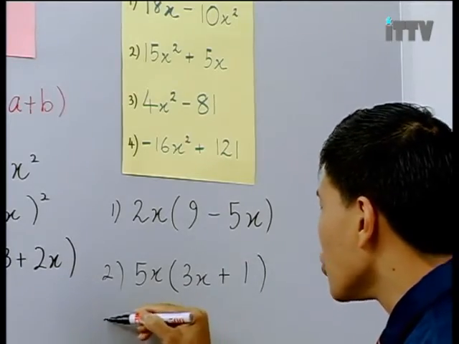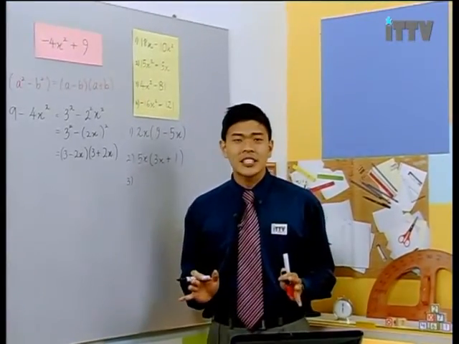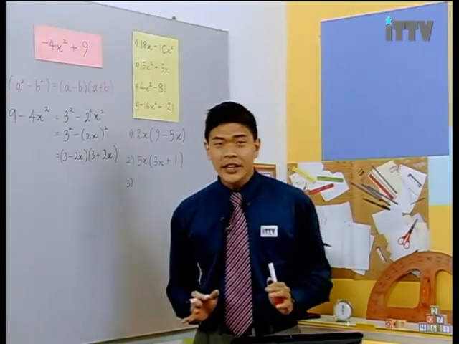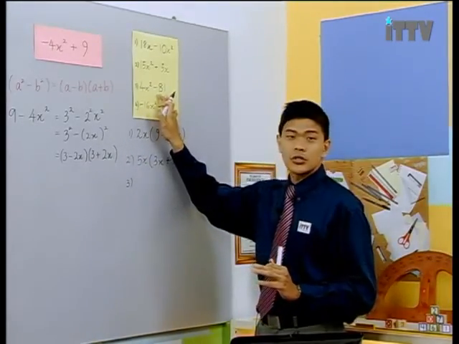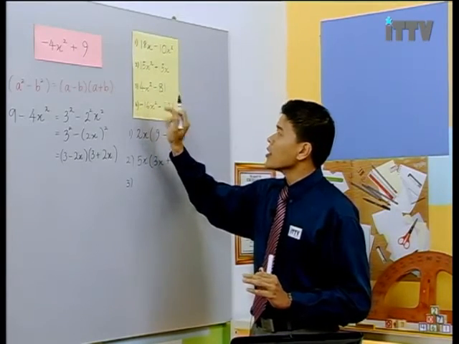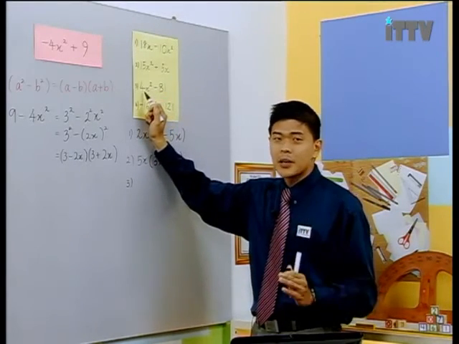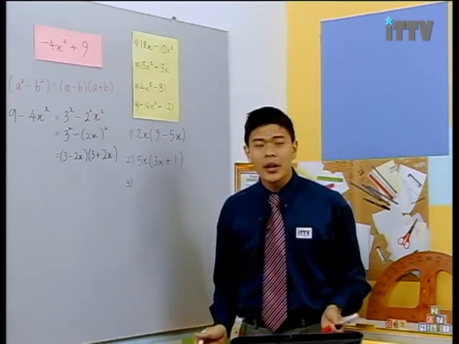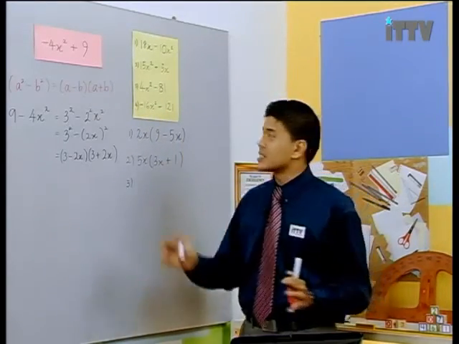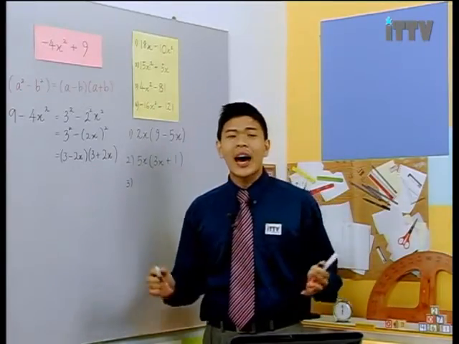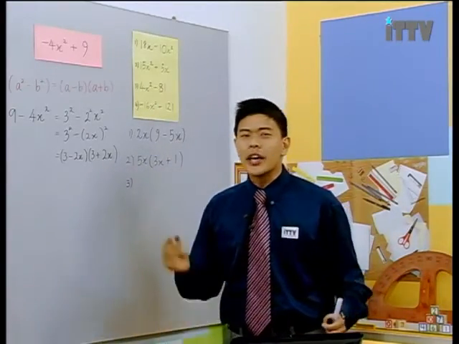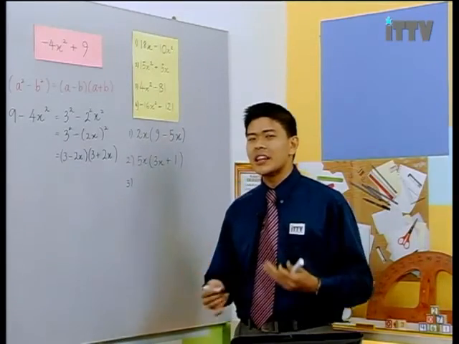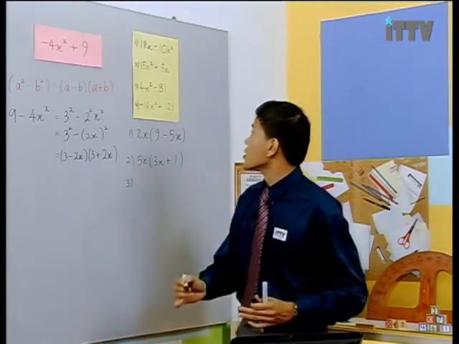In 3, which category do you think this expression lies? 1, 2, or 3? It is actually in category 3. Why? 4 is a perfect square, and so is 81. If both of the terms are perfect squares, we have to use the third category, where the identity is very important.